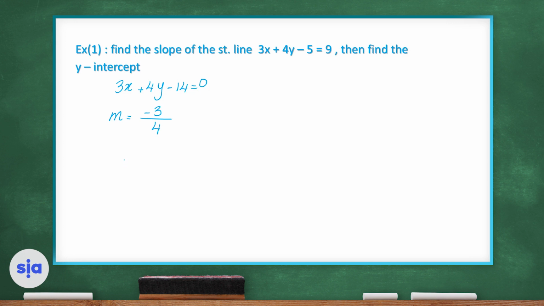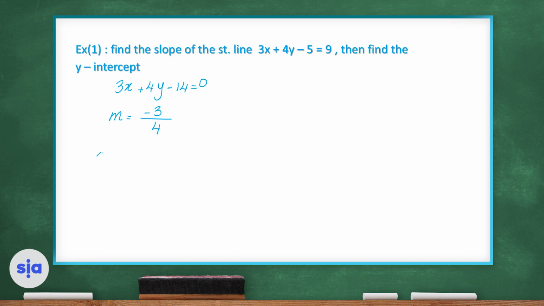After that, the question is asking us to find the y-intercept. The y-intercept is where the graph cuts the y-axis. So the y-intercept is the value of y when we replace x by 0. So if you go to this equation, replace the x value by 0 and find the value of y.